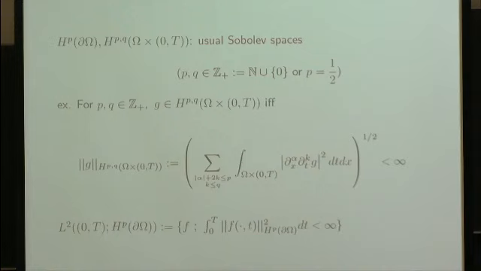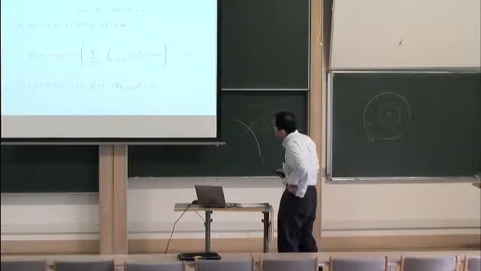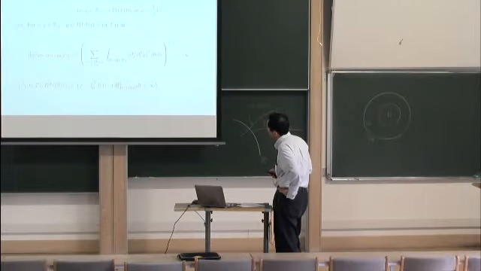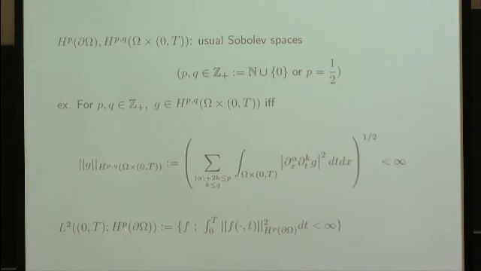And how you count the total derivative is according to this kind of summation. So if you have this kind of derivative, you have to count the order by multiplying the order of derivative with respect to t by 2. I also use this kind of function space. This is a function space for functions which take values in this H^p of partial omega function space.